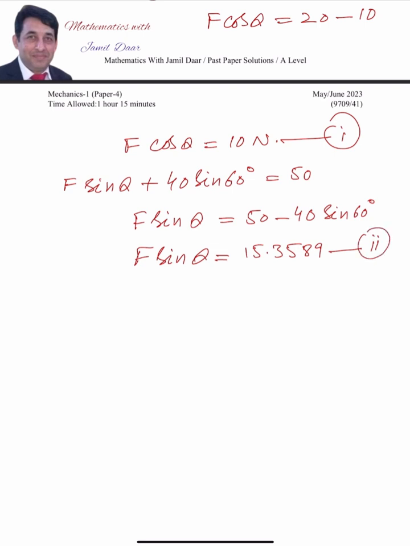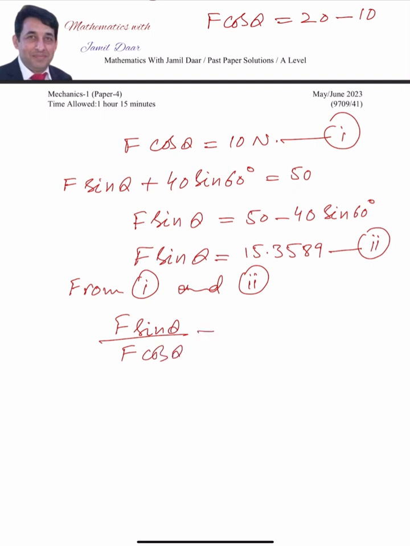So from the first and second, F sin theta over F cos theta is equal to 15.3589 divided by 10.